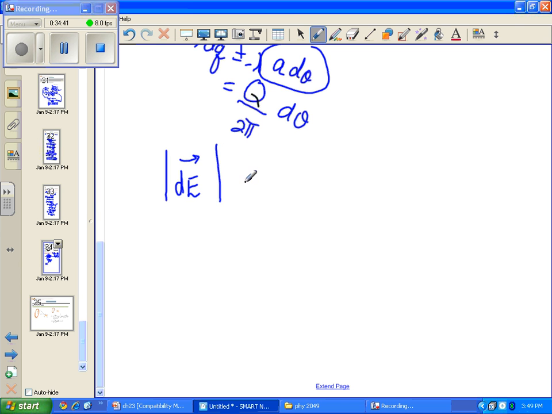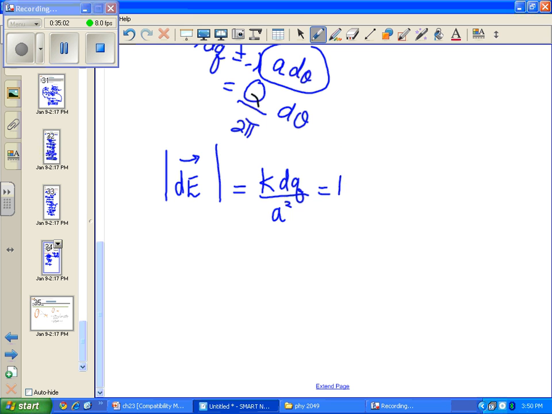So let's go ahead and write dE magnitude as k dq over a squared. And this time, all the dq's are a fixed distance a from the origin. See, before we had x squared, where we said, where does x begin, where does x end? Here, they are all at a distance a.